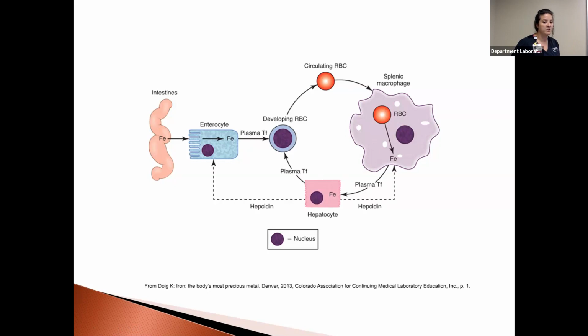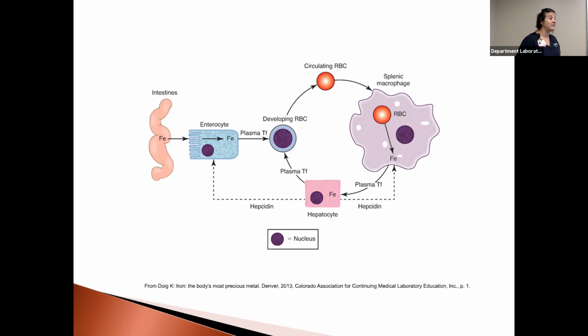And it's going to be taken to the developing red cells to be incorporated into the hemoglobin molecules of our red cells. All right, so we all know that our red cells can survive about 120 days. At the end of that red cell's life cycle, it's not going to be able to escape those macrophages in the spleen. So then the macrophages are going to phagocytize those red cells.